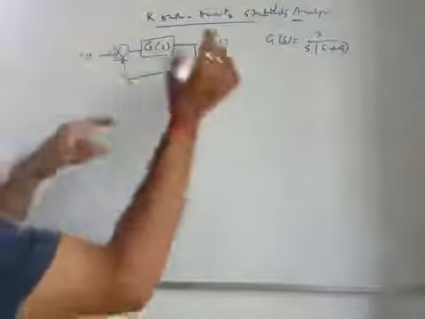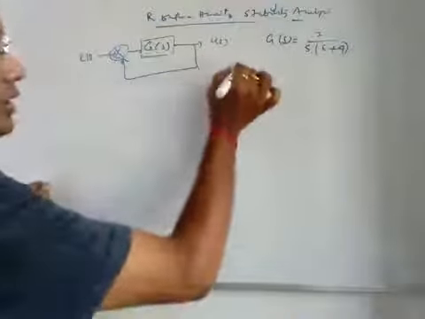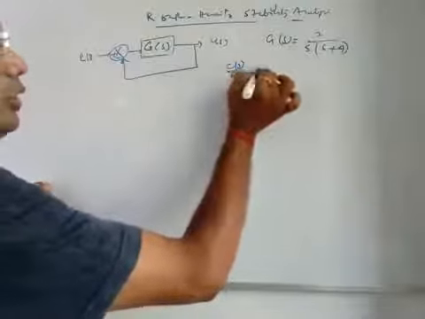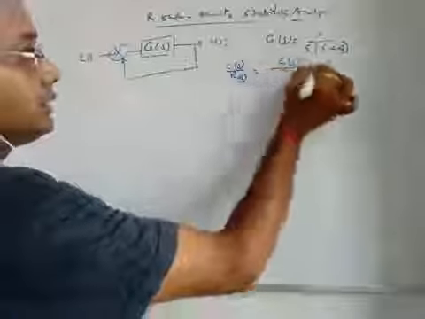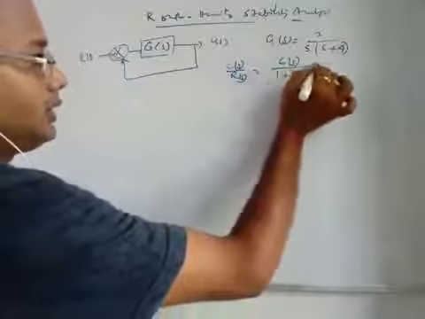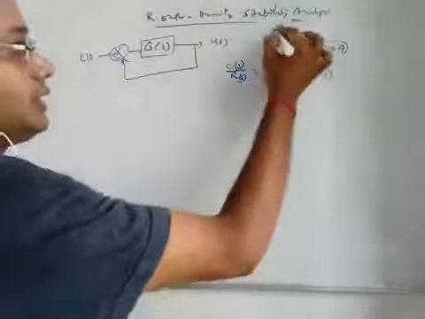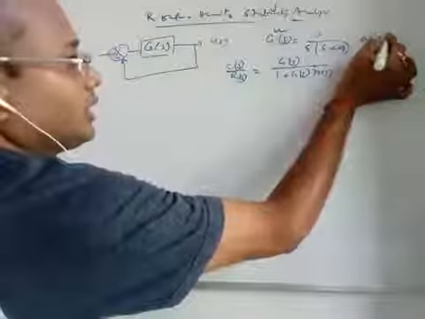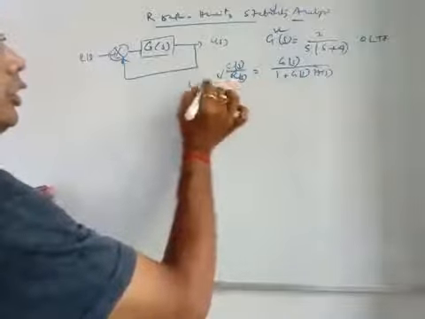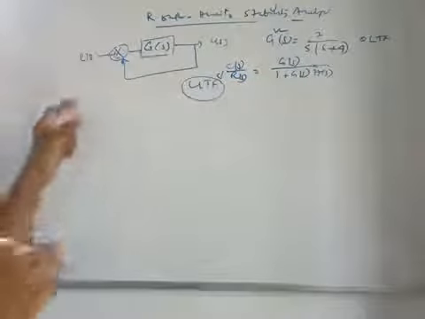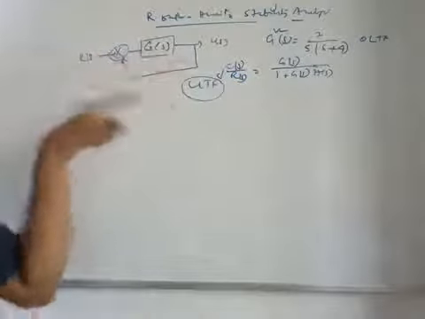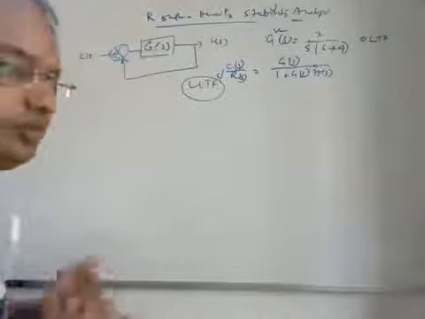So what is your overall transfer function? That means C(s) by R(s) will be equal to G(s) by 1 plus G(s)H(s). This is your open loop transfer function and this is your closed loop transfer function. When the system is made unity feedback, you have to consider the closed loop transfer function, right?